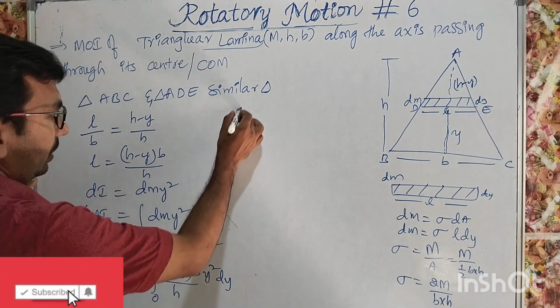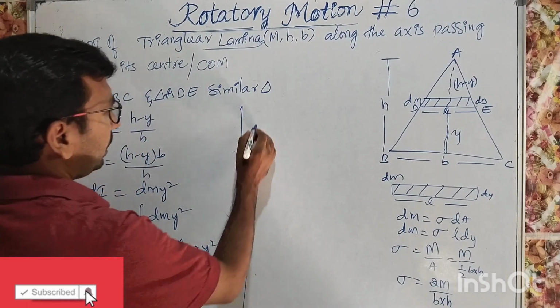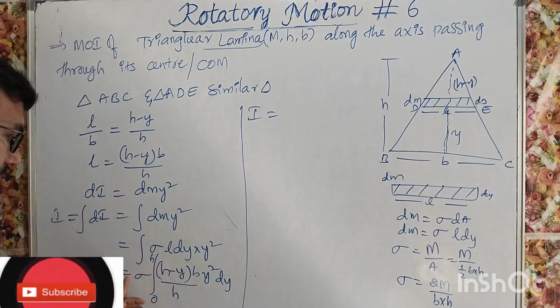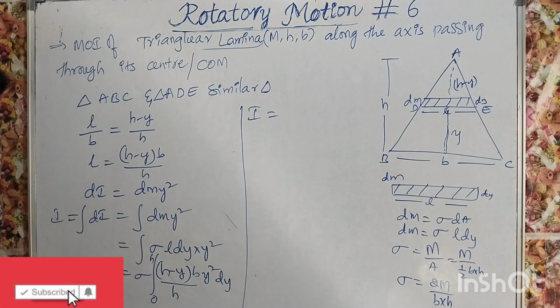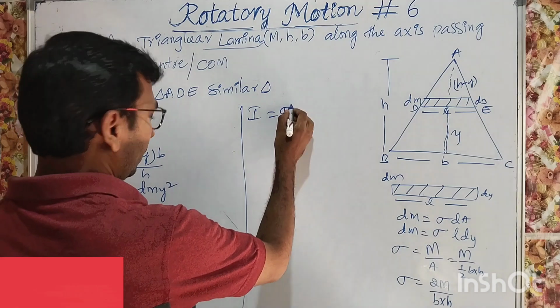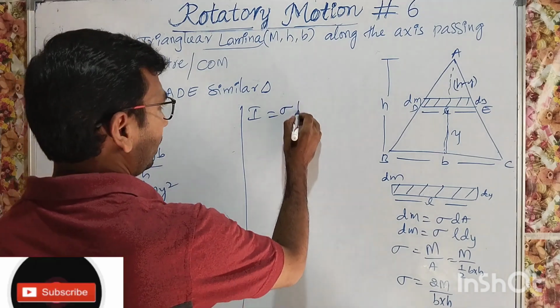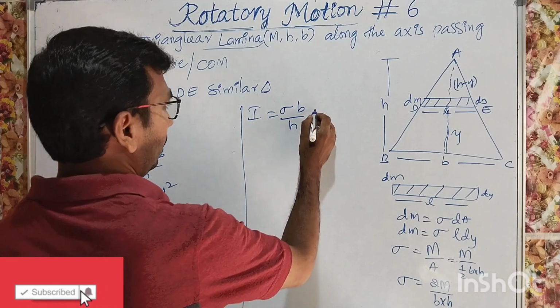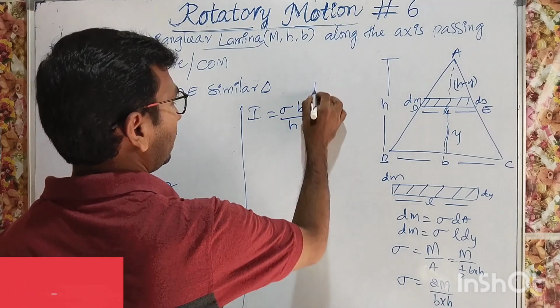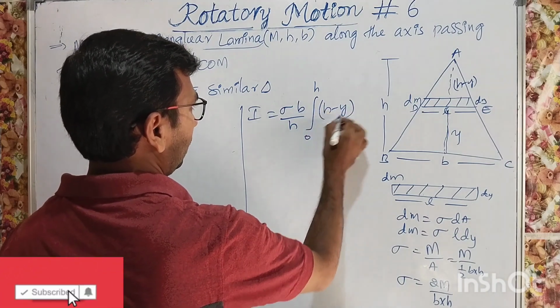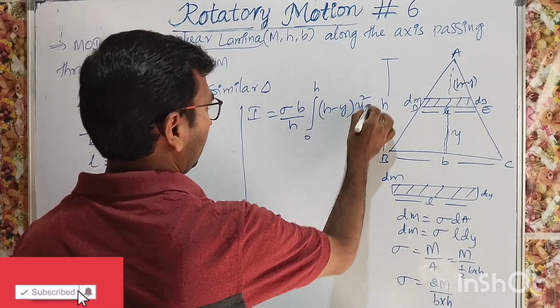You can simplify that. Here b is constant and h is also constant, so both are common. So I is equal to sigma b by h, integration from 0 to h of (h minus y) y square dy.